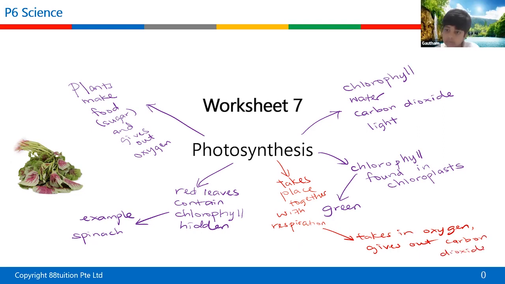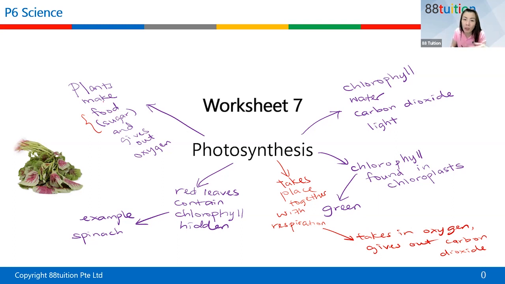Yes, because plants also need air, food, and water to survive. So food is being made, which is the sugar. The plant will make use of this food or sugar to grow, but it also needs to take in oxygen to stay alive. Now, when plants make food or sugar under the hot sun, it keeps on photosynthesizing.